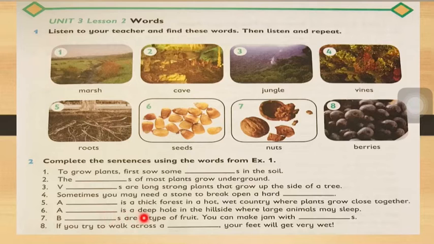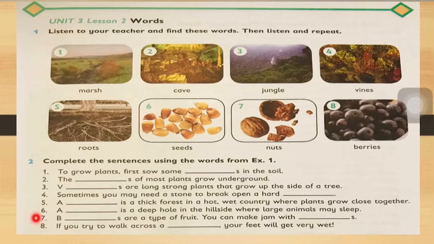Dash are a type of fruit you can make jam with. It is a type of fruit from which we can make juicy, delicious jam. So what are we going to write here? Berries. Excellent. From berries we make tasty, delicious jams. And this is a type of fruit as well.